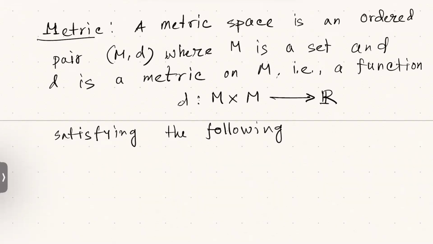So the first one is d is real valued, finite and non-negative. So d cannot be infinite. Like if you take something like d of x comma y, it cannot give you something like infinite.